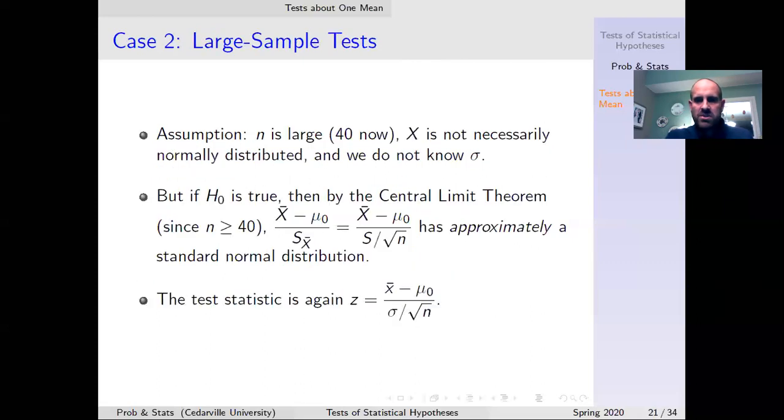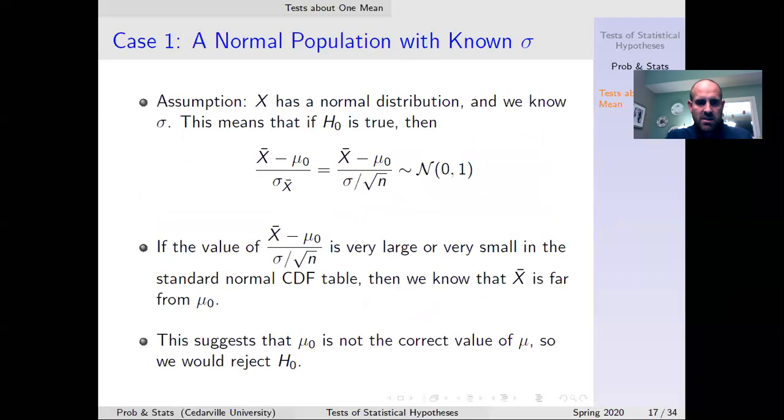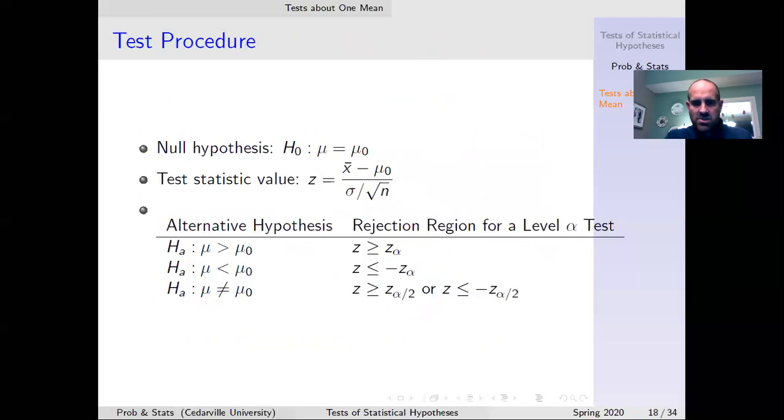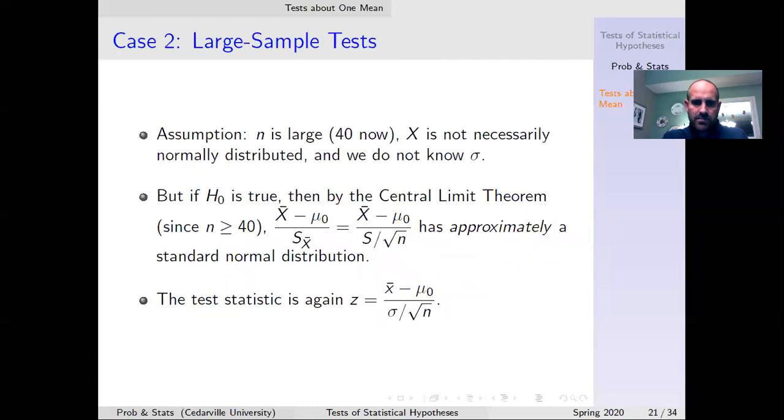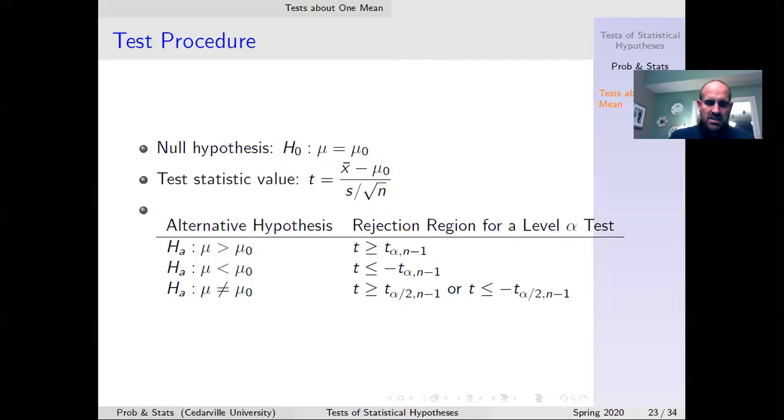So the setup for case 2 is exactly the same as it was for the first case back here. Same test statistic, except sigma is getting replaced by S. Of course you replace sigma with S in the formula for the confidence interval also, if you want to think about it that way. But you still use the Z distribution in that case. For this other one though, you have to use the t distribution to figure out the cutoffs.